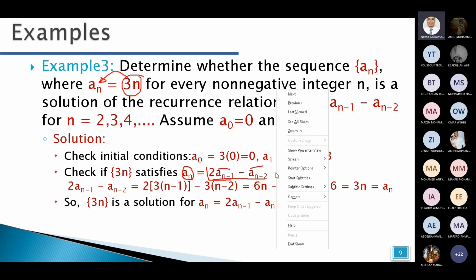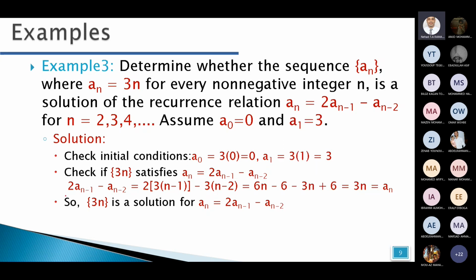Okay, let's apply it. Write the recurrence relation first, then apply the solution for the first part and for the second part. So a_{n-1}, according to here, is equal to 3 multiplied by n, which becomes n minus 1 here.